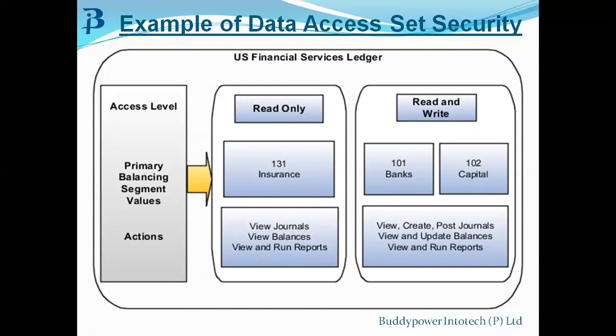The access type is primary ledger. You can give read only access which has been assigned to primary balancing segment value 131, which represents the insurance legal entity. So here you have given data access only to view journals, to view balances, and to view and run reports.